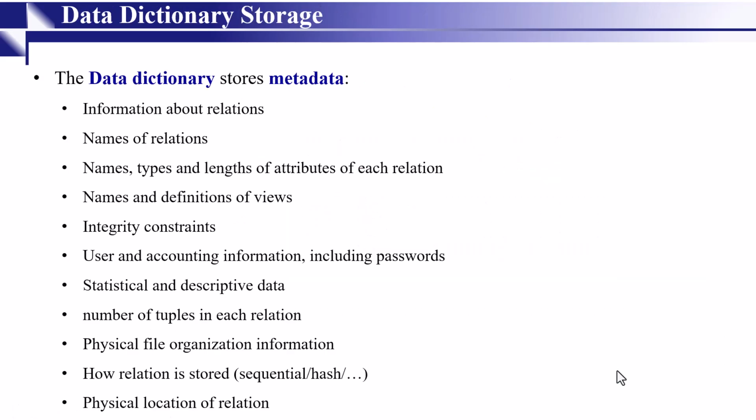Next, we have data dictionary storage. The data dictionary is a critical component that stores metadata. Metadata is simply data about data. This dictionary includes details like relation name, attribute types, view definitions, and integrity constraints.